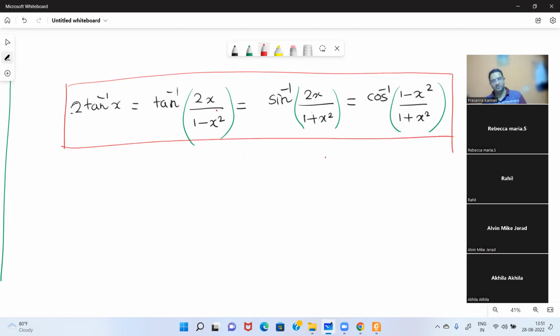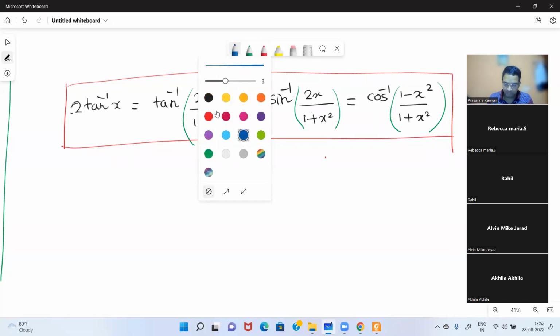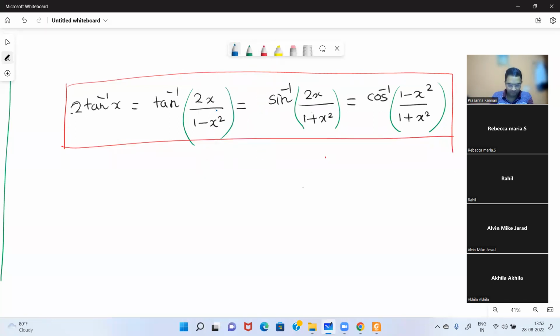Suppose you are asked to prove this, how will you prove it? Let x be equal to tan theta. Then what will be theta?